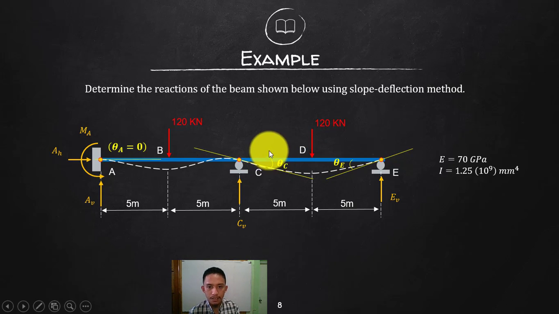So that is positive. And this one is counterclockwise. Theta E is negative, isn't it? So go from the original beam to the tangent, that is counterclockwise, therefore it is negative.